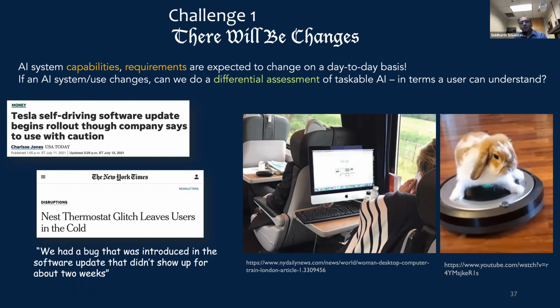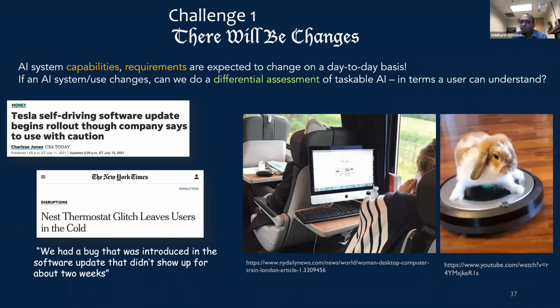So how do we create a situation where a user is able to understand the limits and capabilities of their system? And also, if that system changes, how do we help them to understand what the differences are? What changed?